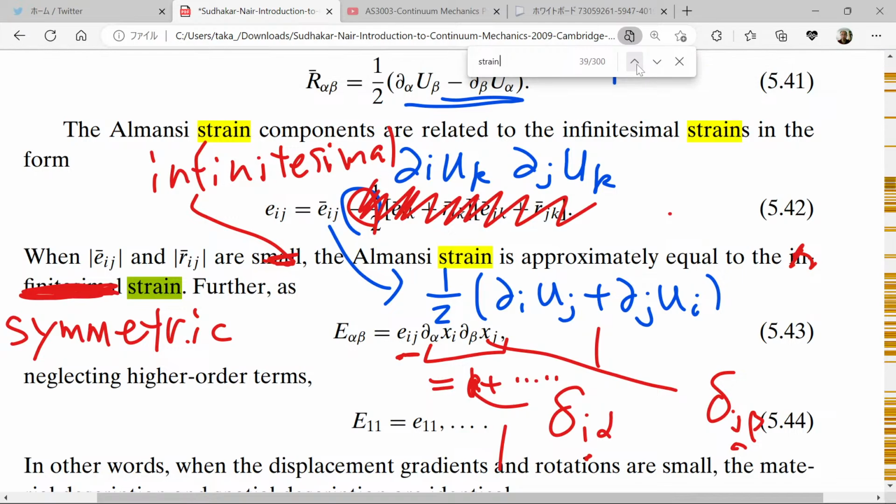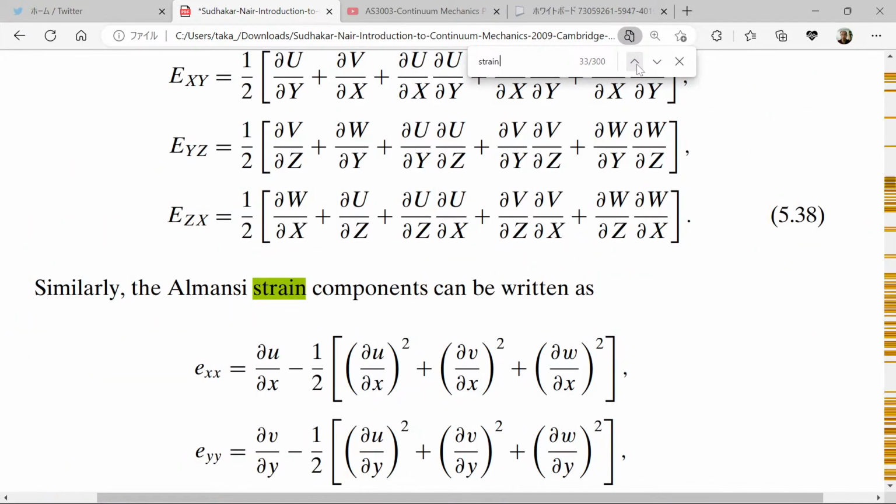Yes. Almansi strain. Cauchy strain. No, Almansi strain is approximately equal to the symmetric strain.